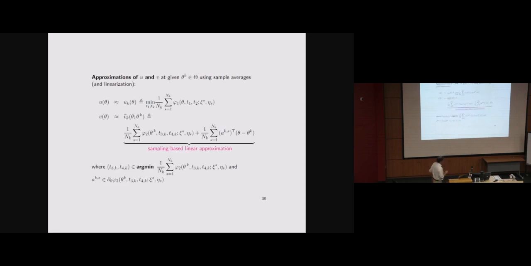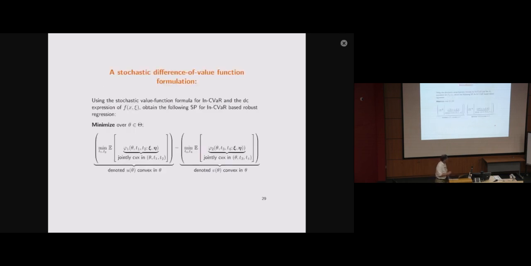This part is easy because this is convex, so I can just do a sampling of this. I don't need to do anything special with this because when you sample, you still end up with a convex function. And so you can now understand why I say that I hide a lot of the implementation details.